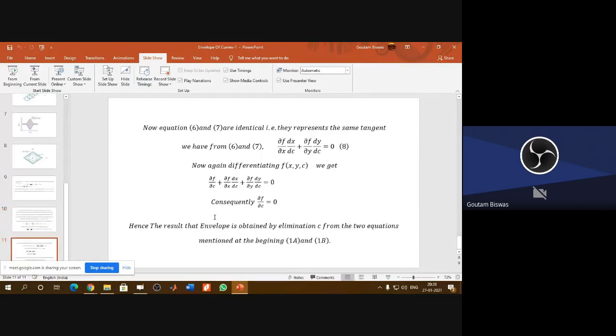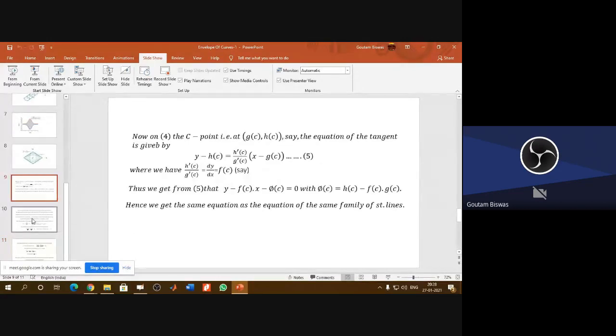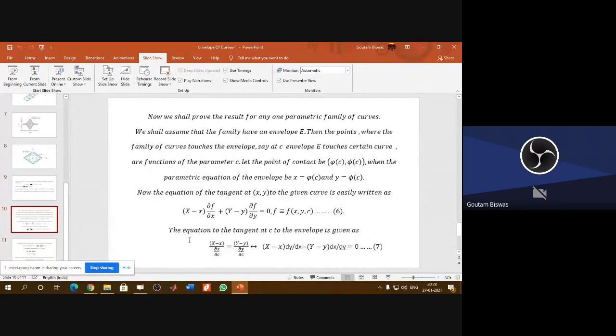The equation of the tangent at C to the envelope is given as this one.